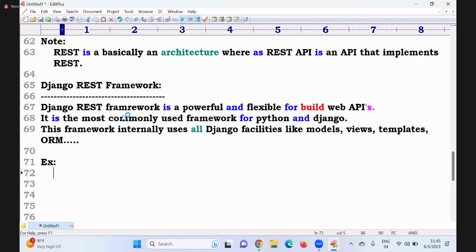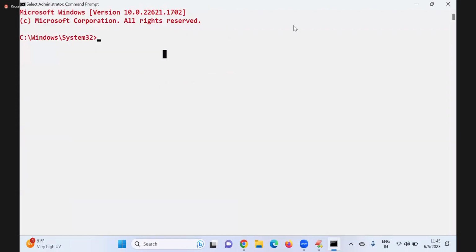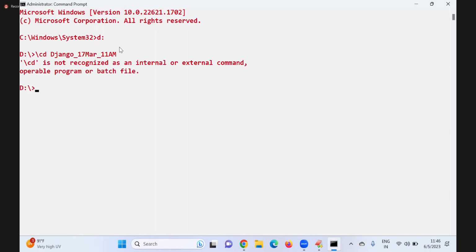What is the advantage of API for my Django application? Check it carefully. We completed one project, sir. Is there a Django folder? Yes. The Mahesh jobs project is there.